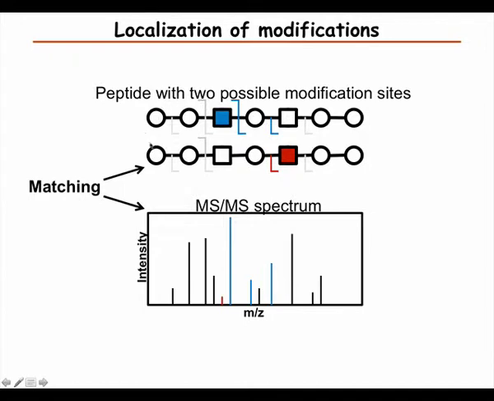Anything outside, marked in gray, helps with identification, but doesn't help with distinguishing the two. In this case, we have a B ion and two Y ions supporting the blue case, and for the red case, we have a Y ion here. So we see the intensities here. The support for the red sequence is much less in this case.